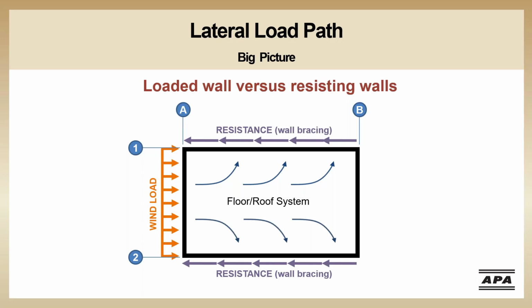The roof sheathing and framing act together as a roof system and do the same thing. It is important to understand that the wall receiving the wind load does not resist the wind load. All it does is send the wind load into the structure so that it can be resisted by the walls parallel to the wind load.